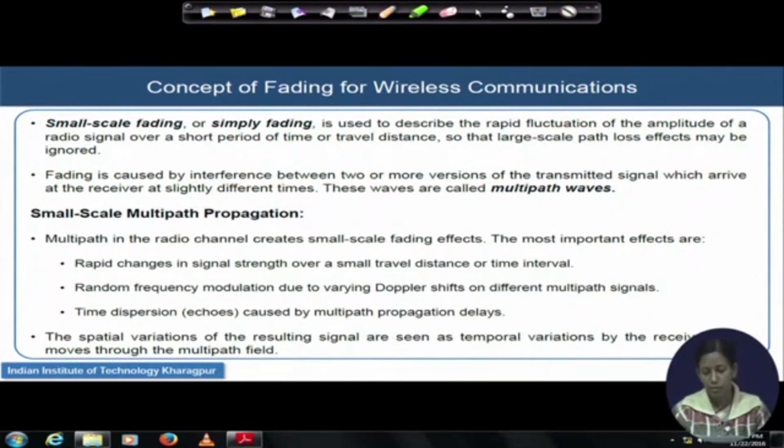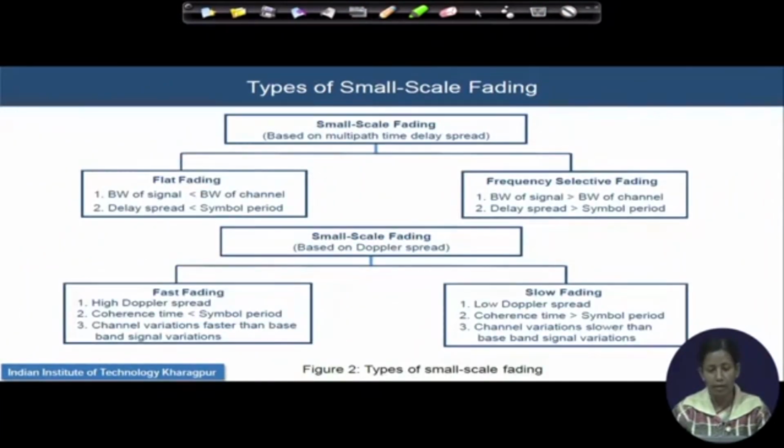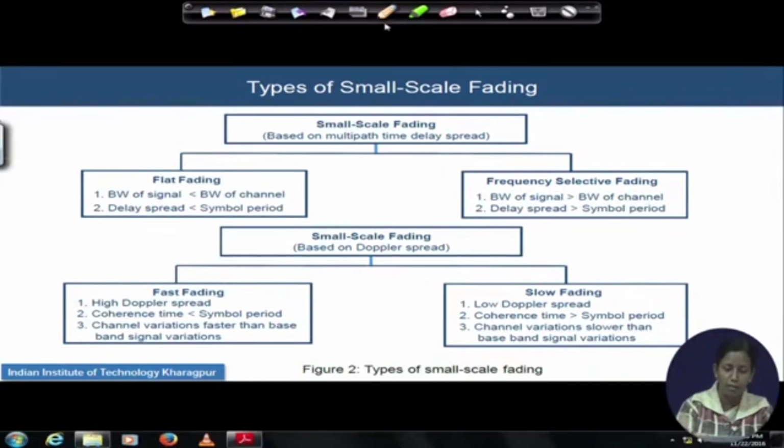So, this is about fading, and let us quickly visit how many types of small scale fading we encounter in a practical communication system. Small scale fading, if I classify it based on the multipath time delay spread, which I wrote in terms of tau, you will get two parts. One is flat fading, another is frequency selective fading.